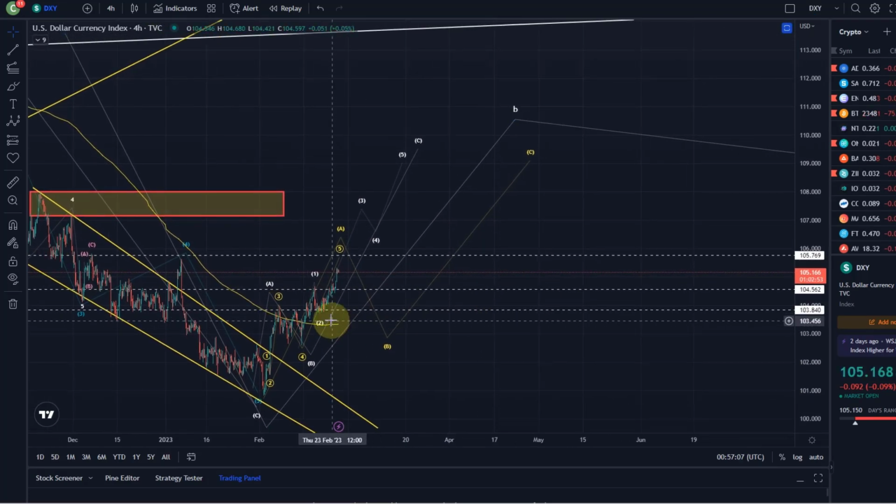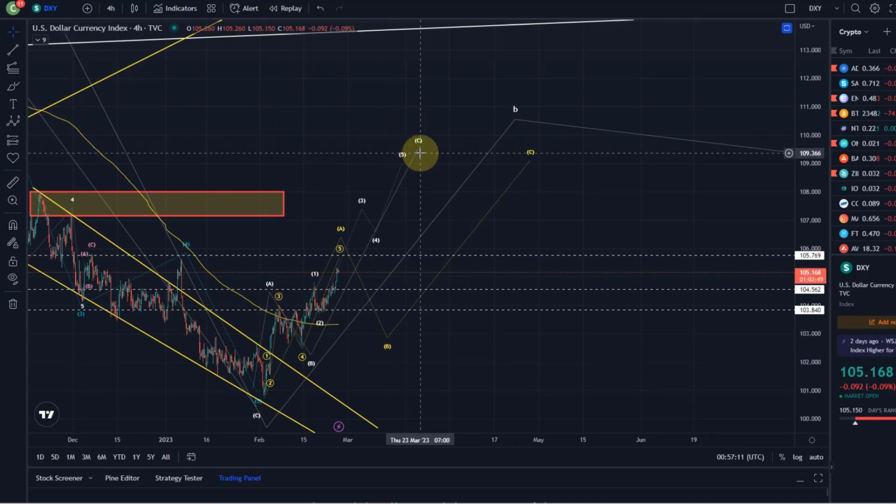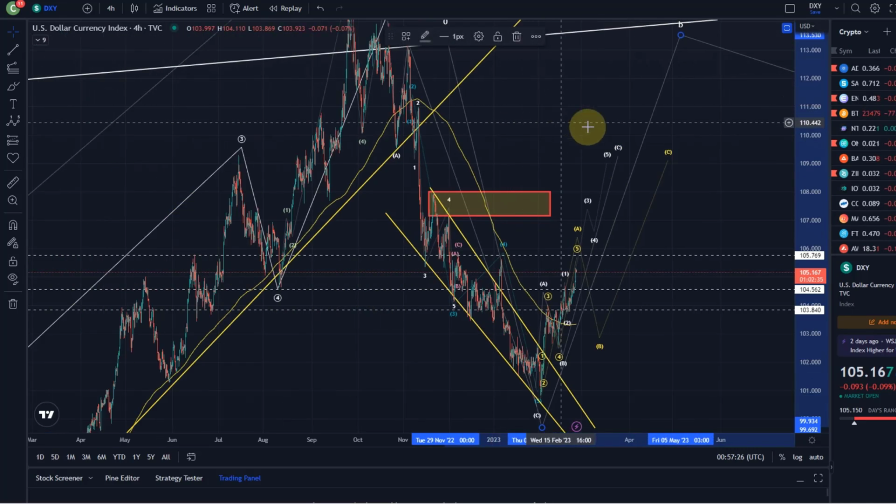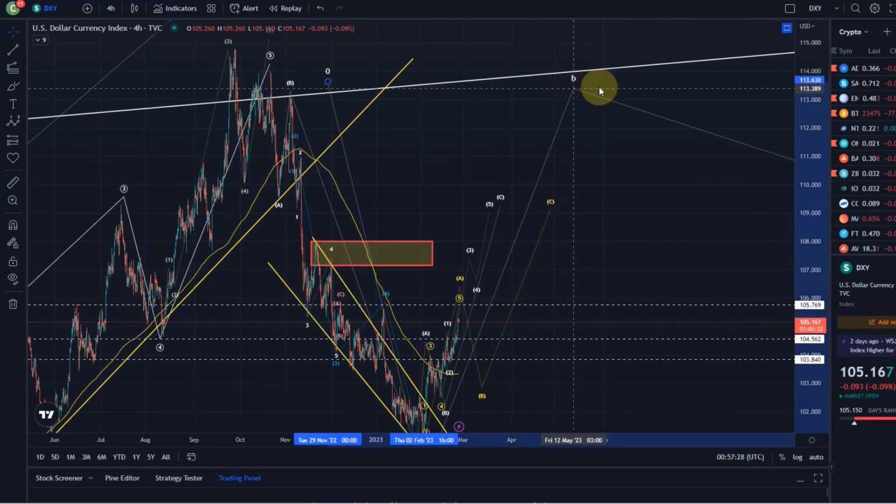The point I try to make is that if we see this ABC pattern finished, it could only be the larger A wave of this B wave, so eventually it might rally much higher.